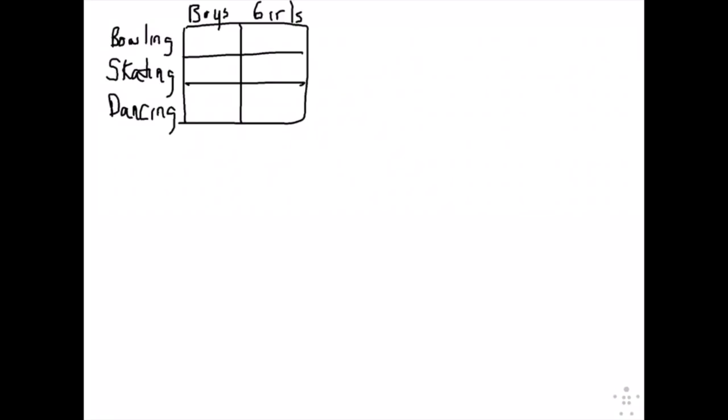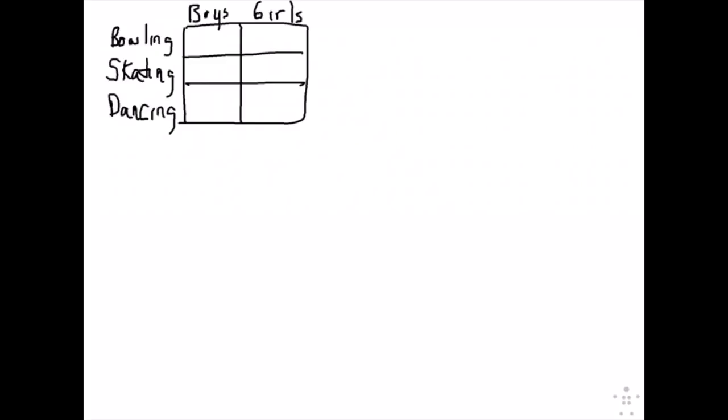For number 9, we are going to work with frequency tables. So let's assume that somebody was going to have a party and they wanted to determine whether boys liked a certain thing more than girls, or whether it didn't matter at all.